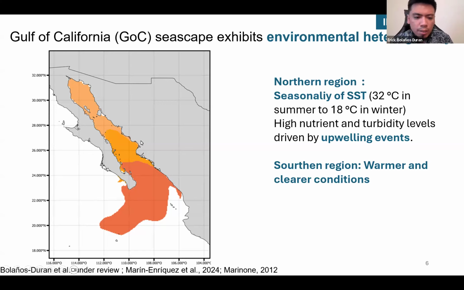And in the southern Gulf of California, we can observe water masses that are warmer and with clearer conditions than the north. Finally, here in the middle of the Gulf of California, is a transitional zone between the temperate waters in the north and tropical waters in the south.